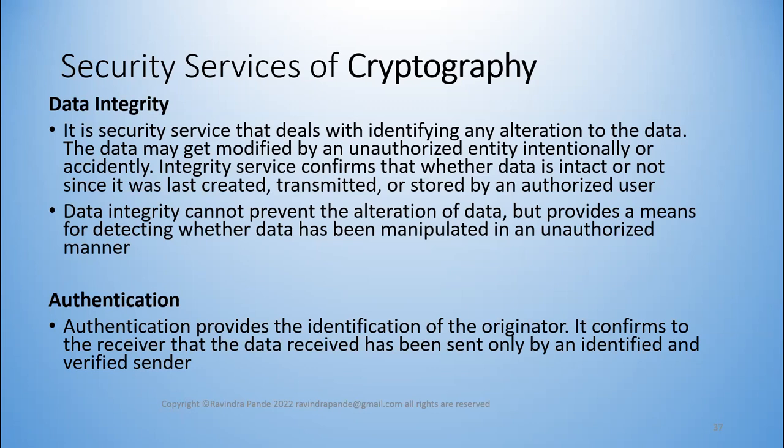So let's try to understand again. It is a security service that deals with identifying any alteration to the data. So what we are trying to understand here is, if anything changes the data, we need to understand who is doing that. Does he or she have proper authentication, the credentials, or the rights to change it, even to read it for that matter? In a database, we are concerned about read, write, modify, delete, backup, retrieval, and all these kinds of scenarios.